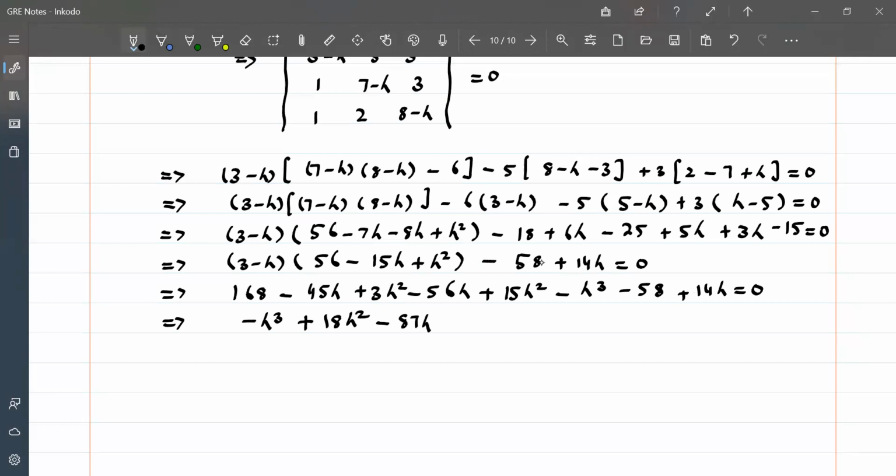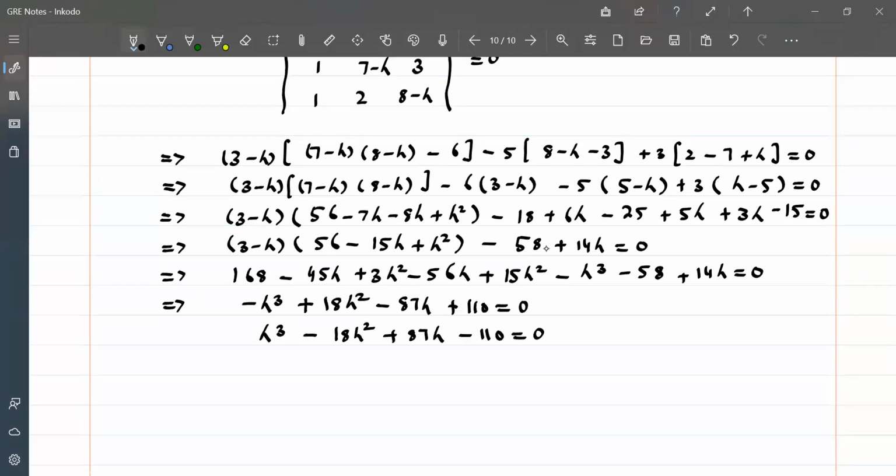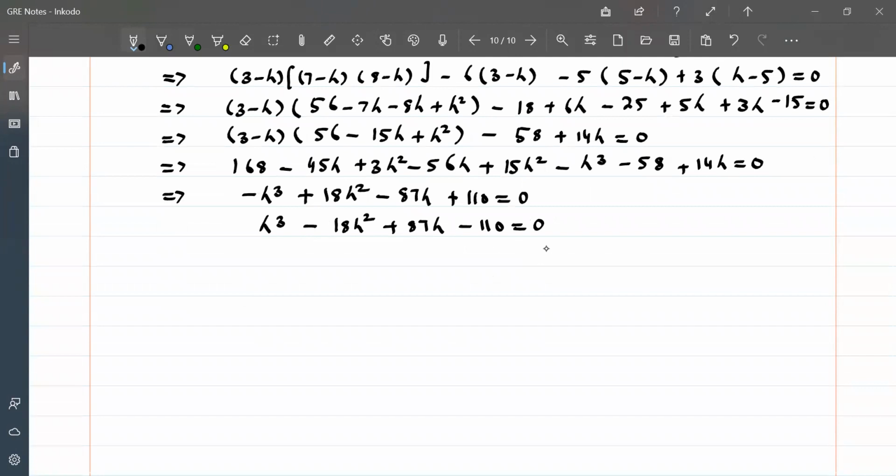And then I have 168 and minus 58, which is plus 110, equal to 0. So I can write this as lambda cube minus 18 lambda square plus 87 lambda minus 110 equal to 0. Now this is a cubic equation, and you know that for a cubic equation we use synthetic division.